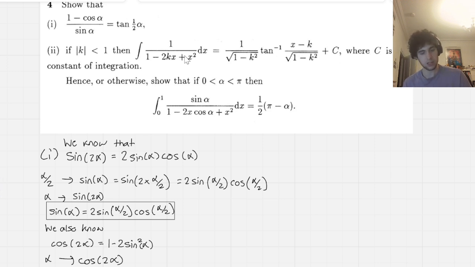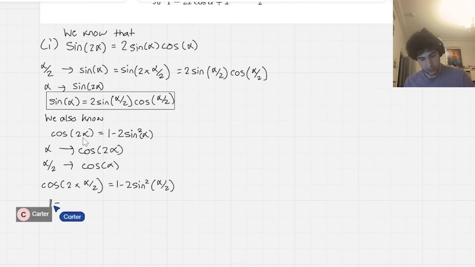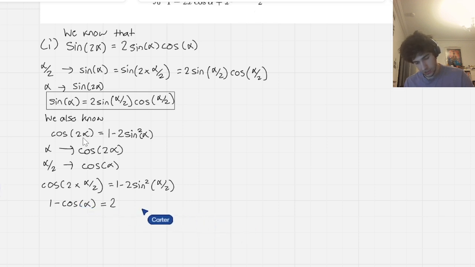And that is just 1 minus 2 sine squared of alpha over 2. So if I rearrange this, what you notice is that 1 minus cosine of alpha actually just ends up being 2 multiplied by sine squared alpha over 2. So that's particularly elegant.